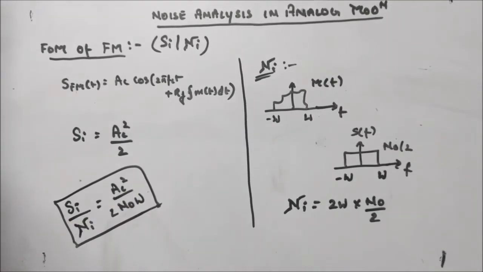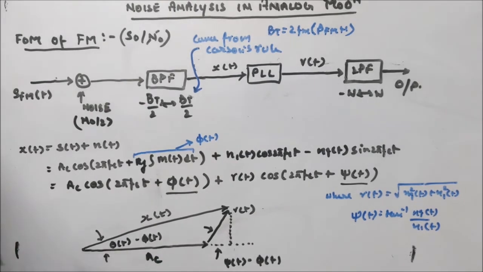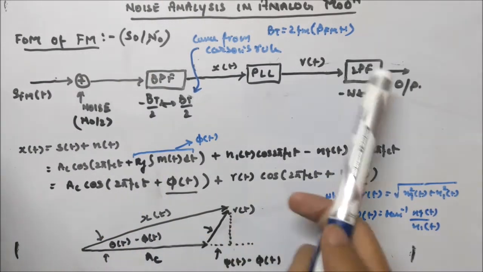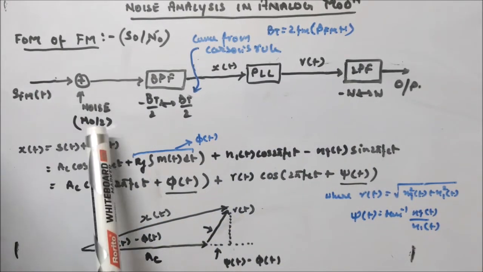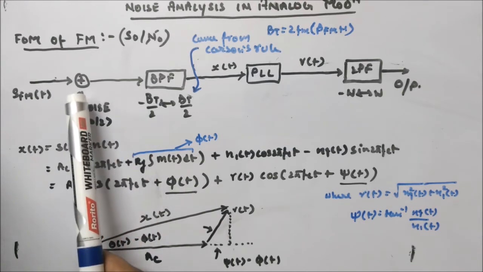Okay, now let's calculate the values of S0 and N0. So we will see the detector here. FM signal is coming from here, and noise which is having power spectral density N0 by 2 for all frequencies is coming from here.